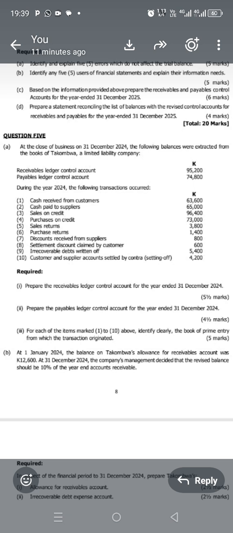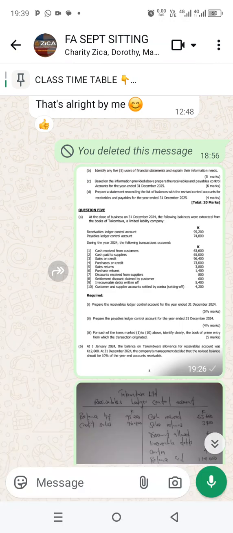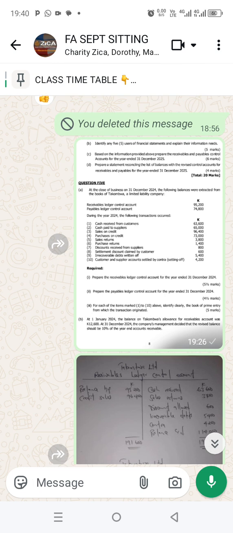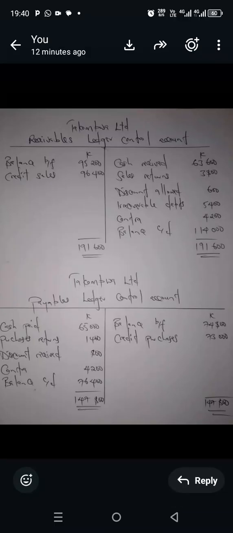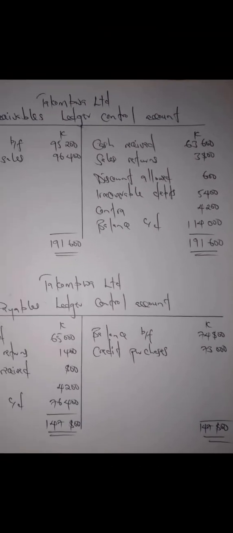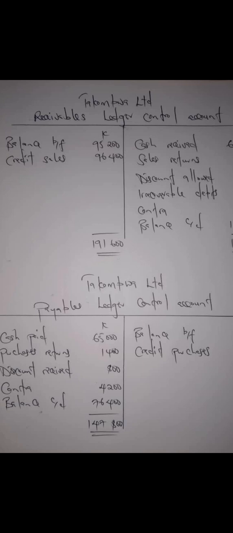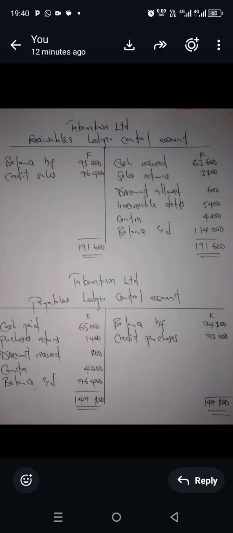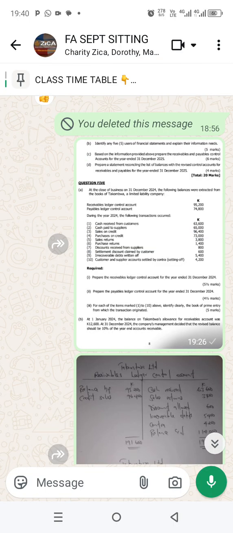So it means that it reduces the what? The receivable balance. So we are going to credit the returns inwards, which is the sales returns in this case. So sales returns, we are going to credit the 38 because it reduces the receivable balance, as you can see there. So you go just like that.